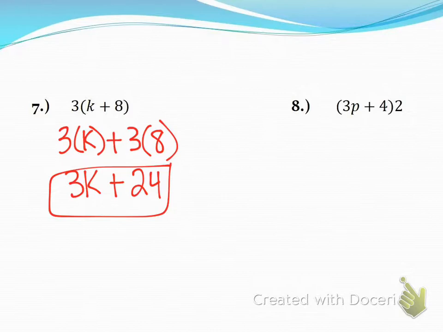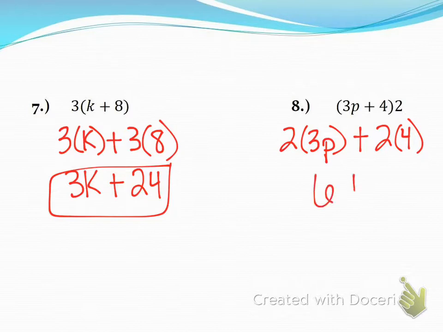All the hands. What's getting distributed on 8? 2. So we are going to take... Okay, it's the 2 times 3p and the 2 times 4. 2 times 3p? 6p plus 8.